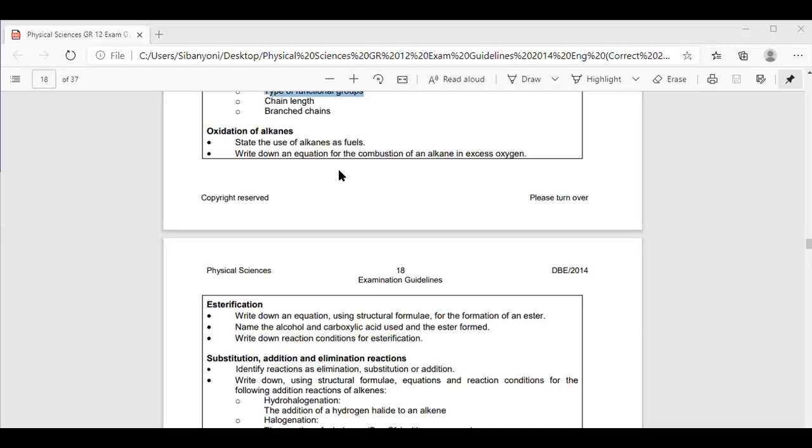And because we get it in cigarette lighters and we use it to light up, it means it is being used as a fuel. Again, the gas that we use in our homes during winter for our gas heaters or our gas stoves, it is mainly a lot of propane as well. And that is an alkane. So alkanes are used as fuels.